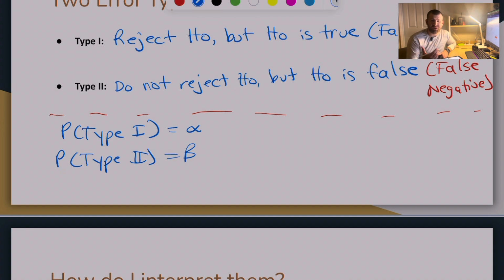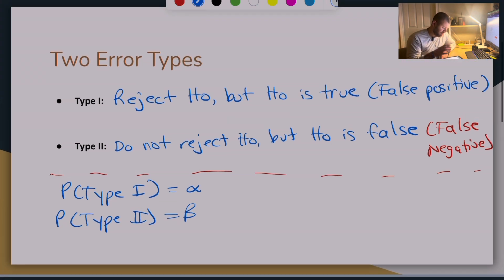Now, the thing about beta is that it's impossible to calculate without knowing the population numbers. And so, like I said before, which error type is worse depends on the context. In the medical field, we tend to err on the side of false negatives being worse. But again, it depends on how you write your hypotheses.